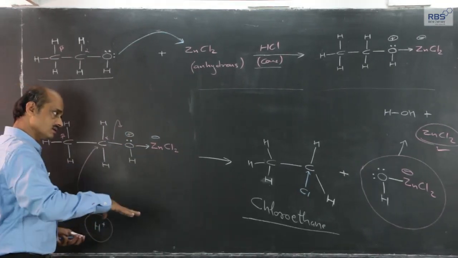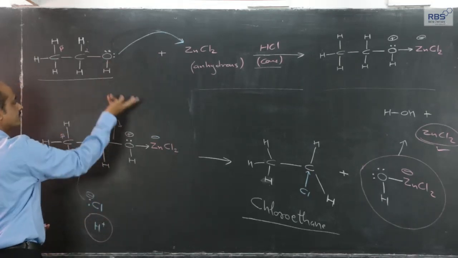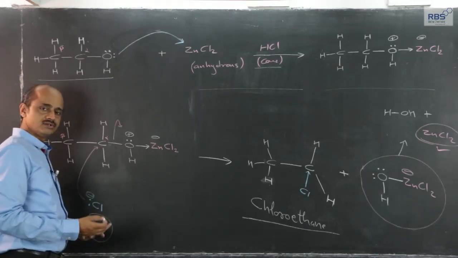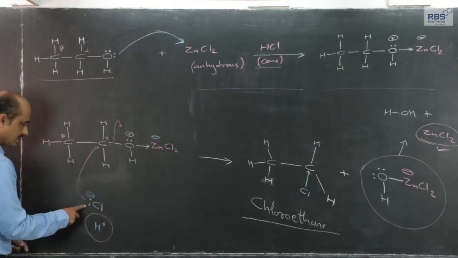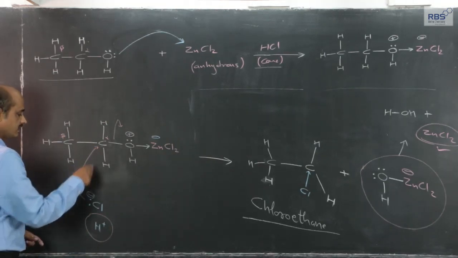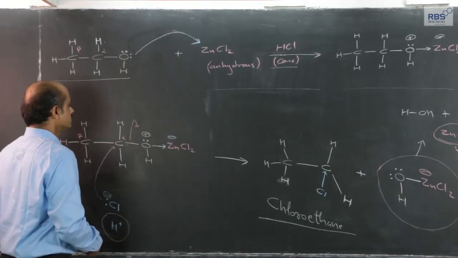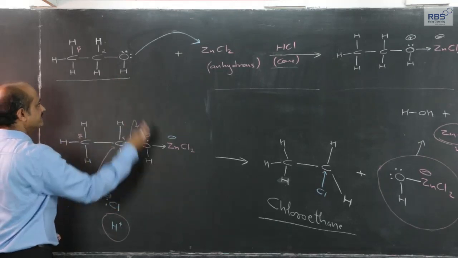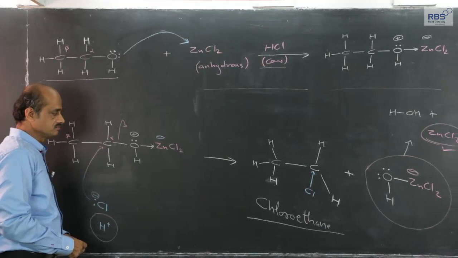What we have achieved is that the OH group is replaced by Cl. So, this is nucleophilic attack. Cl minus has attacked the alpha carbon as a nucleophile, and ultimately the OH group gets removed in the form of OH minus ions.